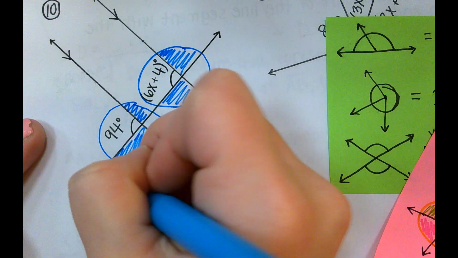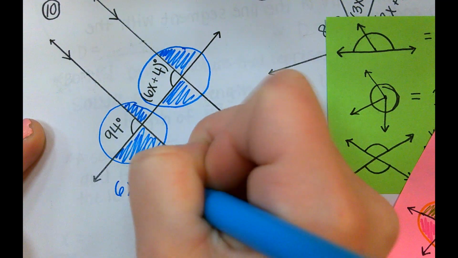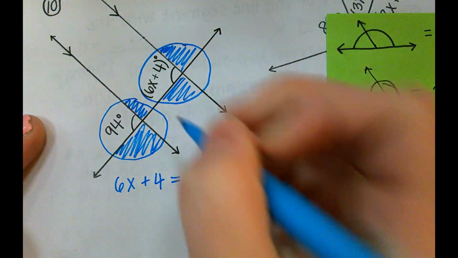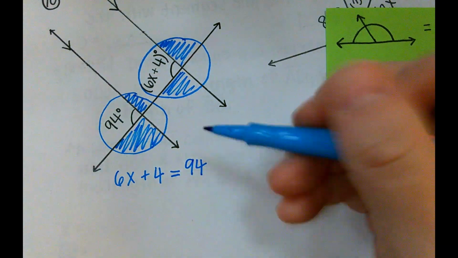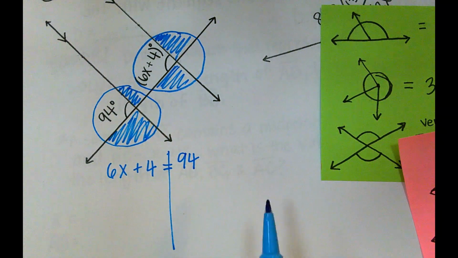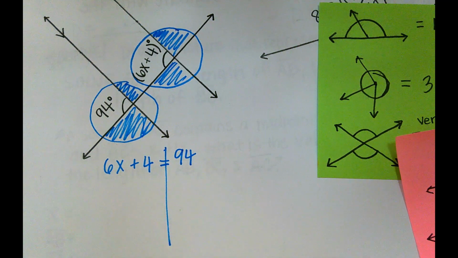6x plus 4 equals 94. Perfect. Now, where do I go?